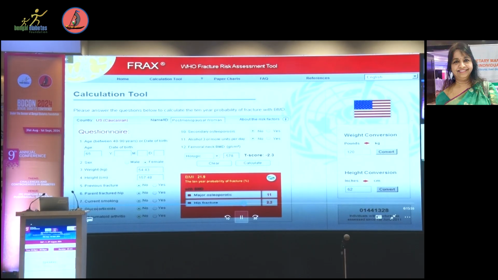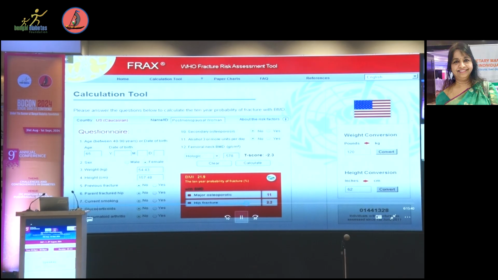It's a simple online tool. This shows, I think, the American flag, the data for India, which is computed from Singapore Indian data. We also had India data.